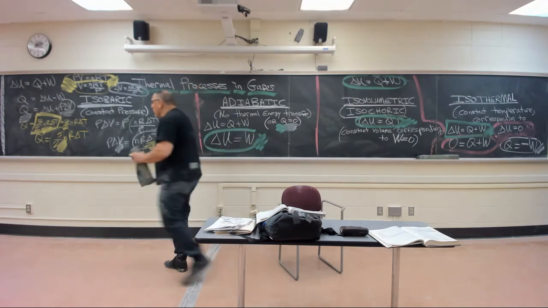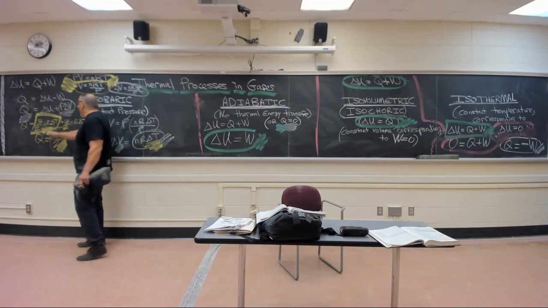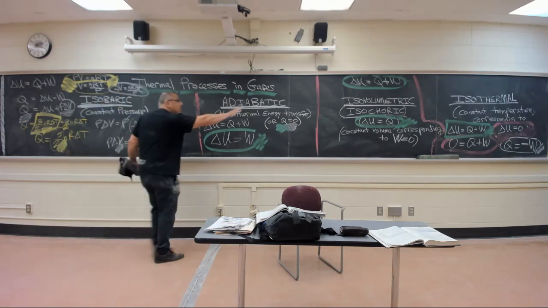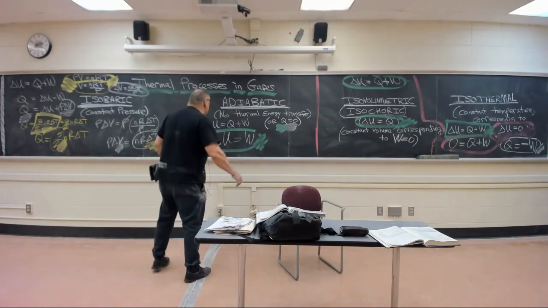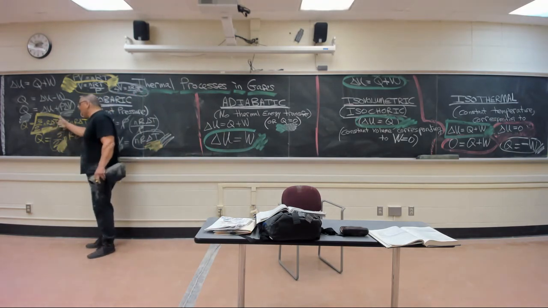So you're not just doing 3/2 nR delta T to change the internal energy of that monatomic gas, as when it's an isochoric process. If it were an isochoric process, but it's not. This is all you would do if you weren't doing any work.